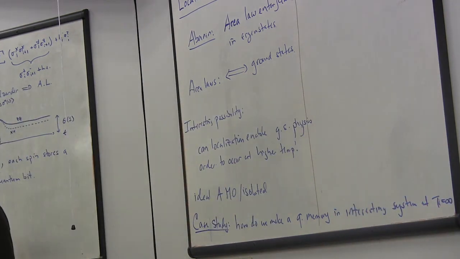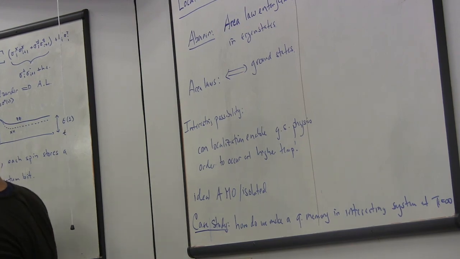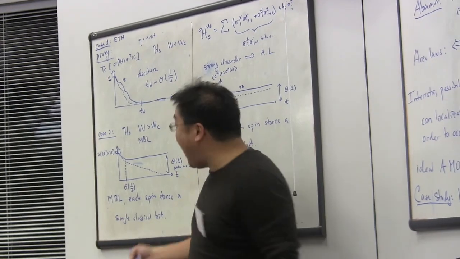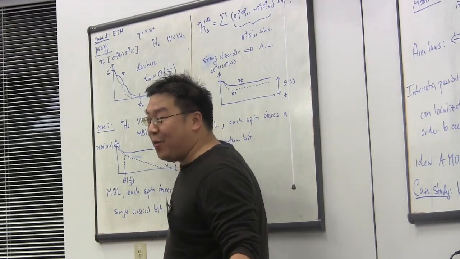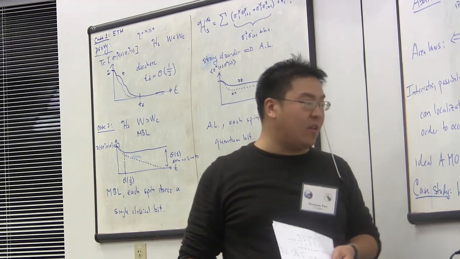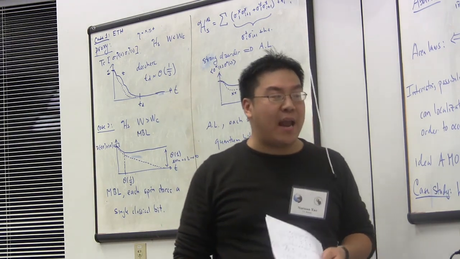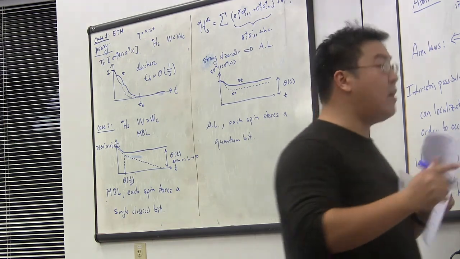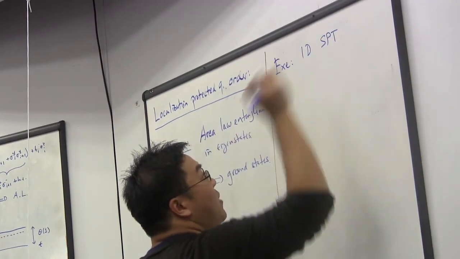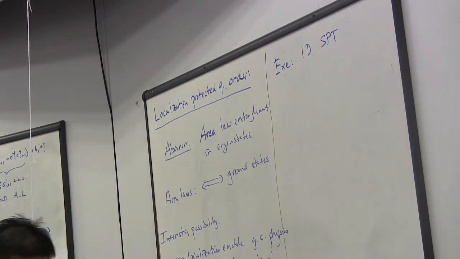So let's juxtapose. The two interacting cases were here on the left-hand side of the board, and we learned that neither of them is a quantum memory. One of them is no memory, and the other is a classical memory. So the case study we'd like to ask ourselves is, how do we make a quantum memory in an interacting system at infinite temperature? And the specific example we're going to consider is that of one-dimensional, symmetry-protected topological order.